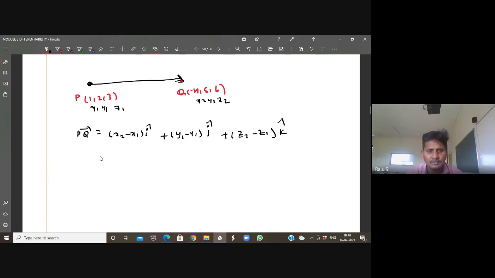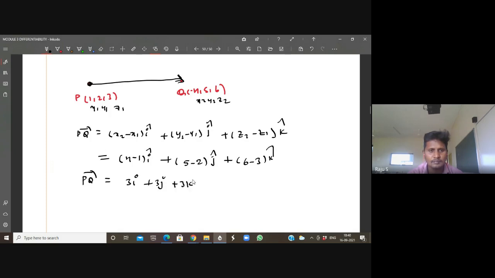Now substitute the values here: 4 minus 1 into i cap plus 5 minus 2 into j cap plus 6 minus 3 into k cap. So finally the PQ vector is given by 3i plus 3j plus 3k. Is it clear, students? This is method 1.